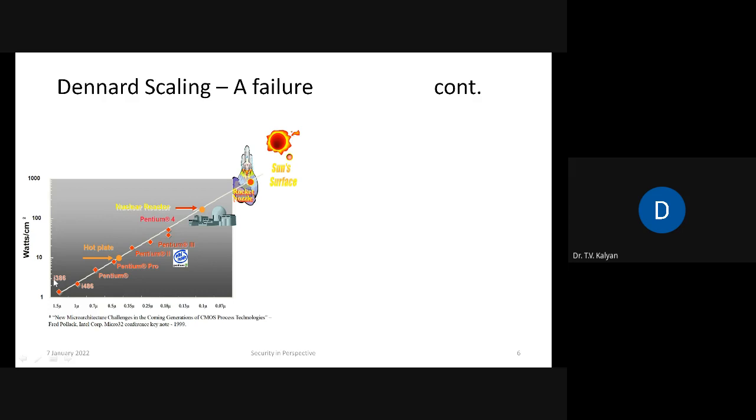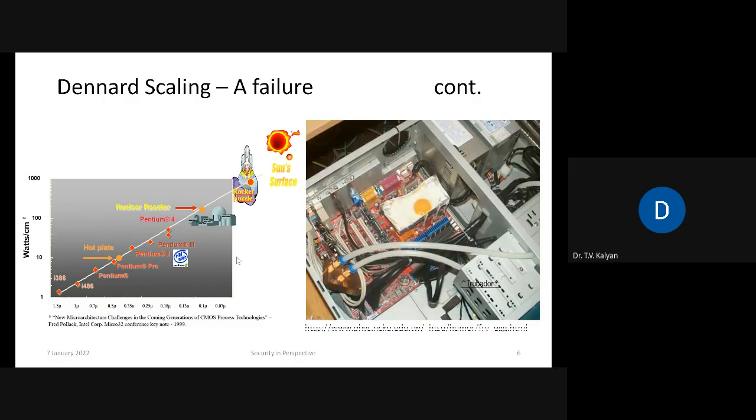These are i386, i486, Pentium Pro, and here is the Pentium 4 processor, right? So the observation was, if we continue like this, the amount of power dissipated will be very high, comparable to the sun's surface. And almost at the same time, there were a lot of studies showing practically how much power is being dissipated by the processor.